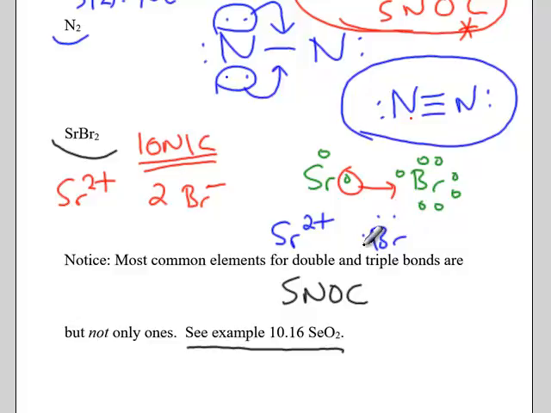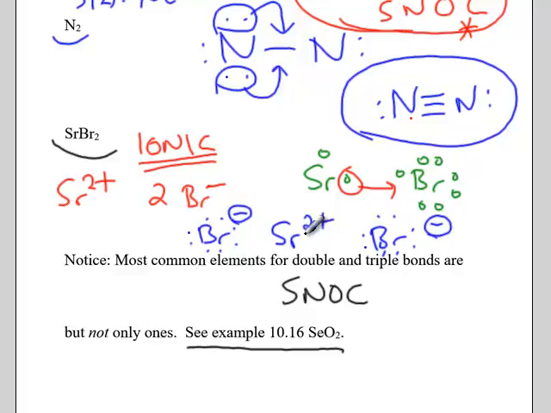Then we have a bromine that has 8 valence electrons around it with a -1 charge, and a second bromine that also has 8 valence electrons around it with a -1 charge.